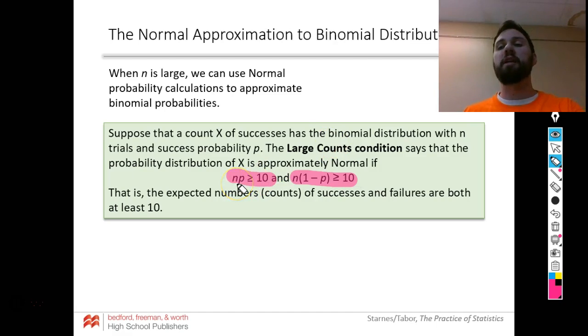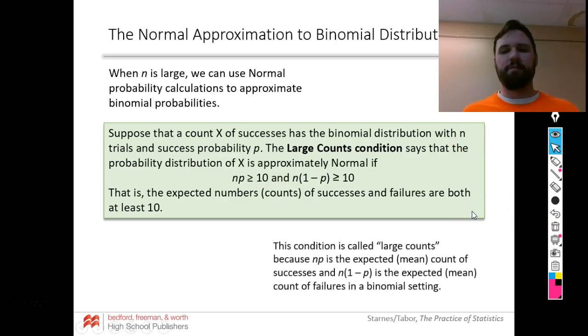So if our number of trials times probability, our expected value, our mean, is bigger than 10, and our mean of failures, n times 1 minus p, is bigger than 10, we pass the law of large counts, which means our binomial is approximately normal. Bell-shaped. Okay? You can read that.